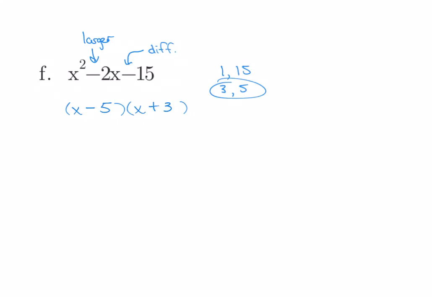Now real fast, I forgot to put this in here when I first wrote this up. What if I give you something like x squared minus 7x plus 5? We do our parentheses.